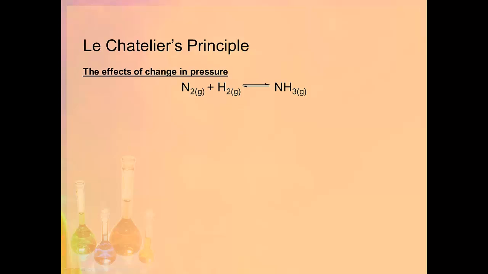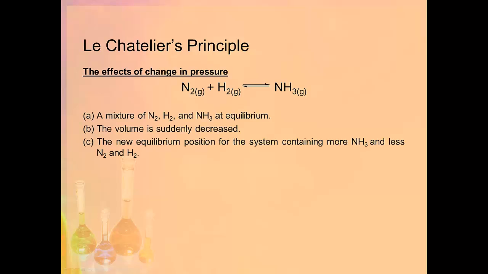So let's have a look at the effects of change in pressure. So if we've got these three species in a vessel, N2, H2 and NH3, we might increase the pressure or we might decrease the pressure. Now imagine this is balanced.